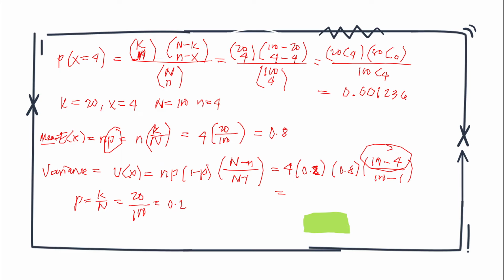The answer is 0.6206. So this is the answer for our variance, and this is for our mean. So again, this is how to find the variance and the mean of the hypergeometric.